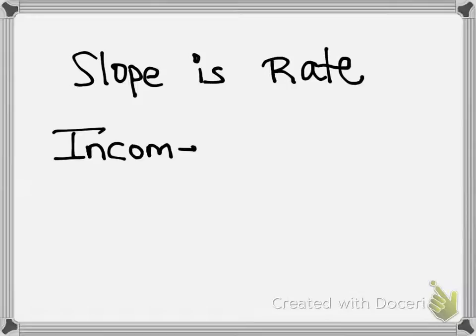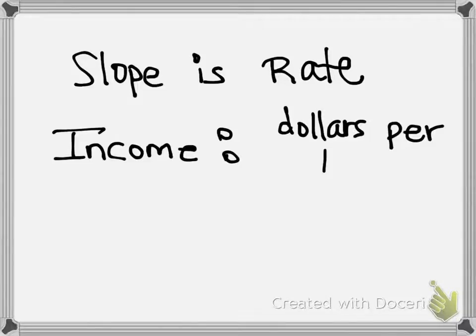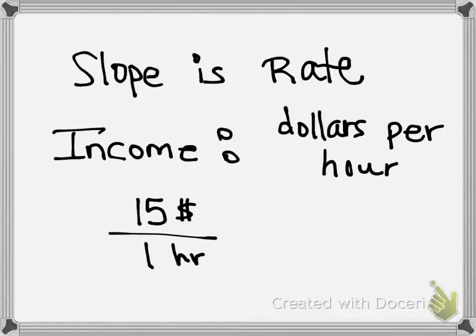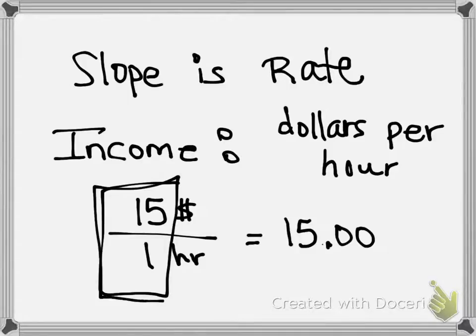Your income is usually paid dollars per hour. So assume I make $15 per hour. That can be written as a rate, 15 to 1, and we usually don't write it that way. We say that. So if I were to make a linear graph of that, it would have a slope of 15 over 1, because that's the rate at which I get paid.